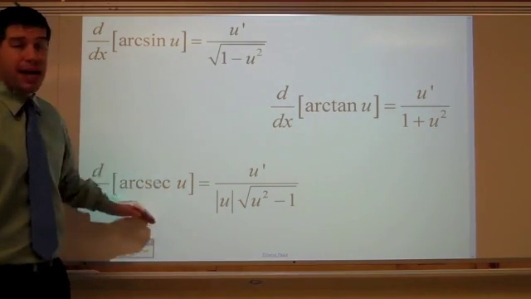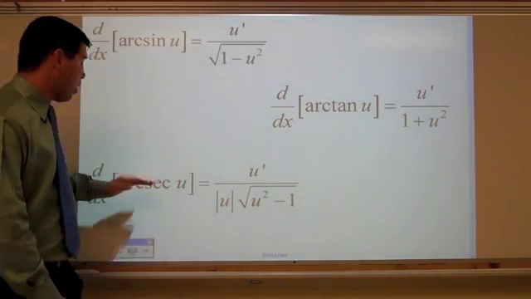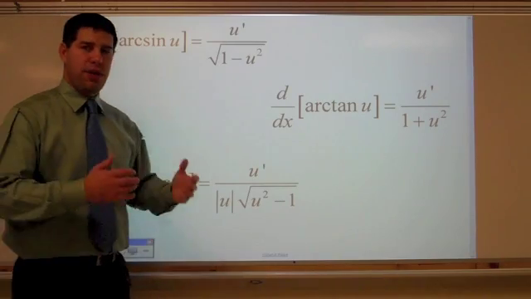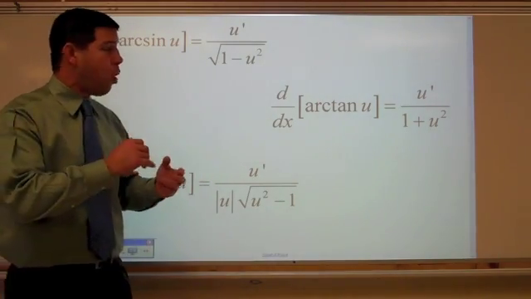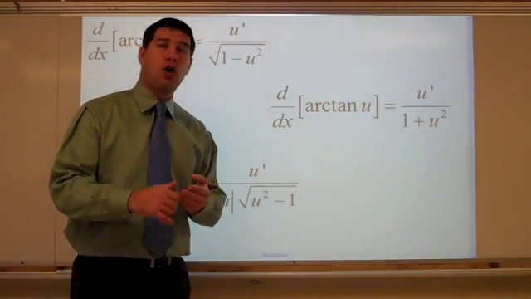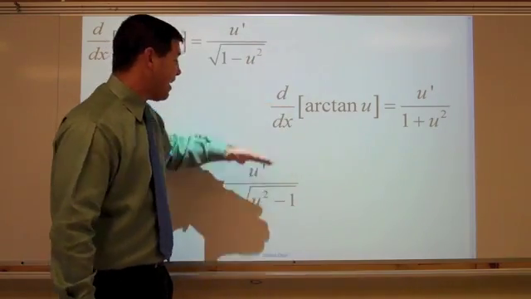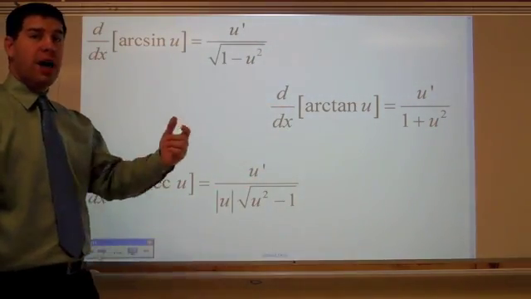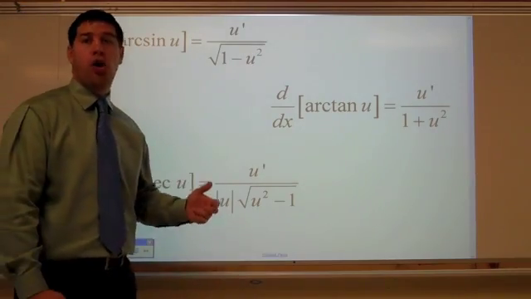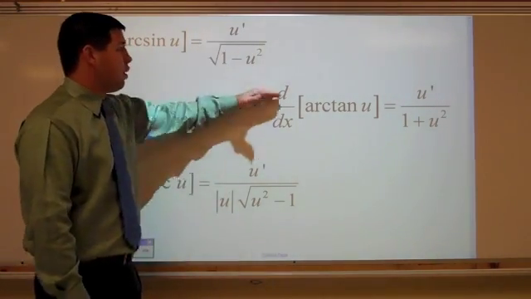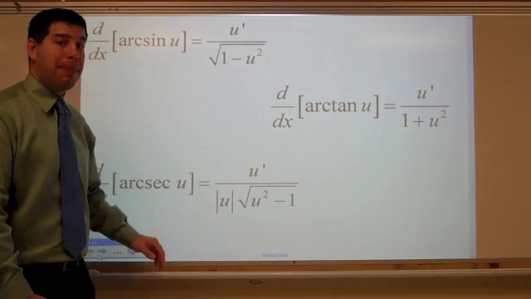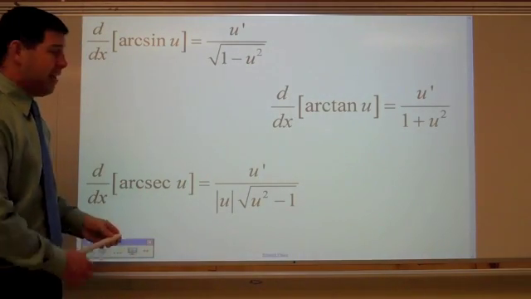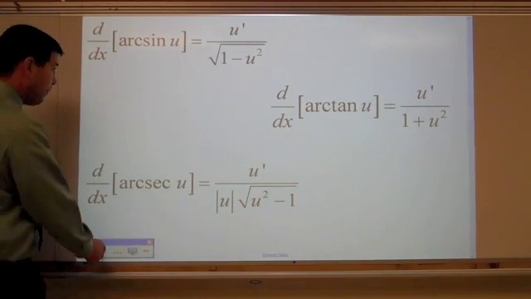Now I only gave you 3 here: arcsine, arctan, arcsec. Because the derivatives of arccosine, arccotangent, and arccosecant are all the exact same as these, except with a negative value. The derivatives are going to be the exact opposite of these, meaning they'll be the same thing except negative.